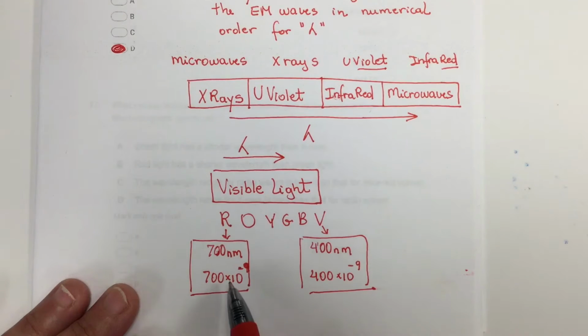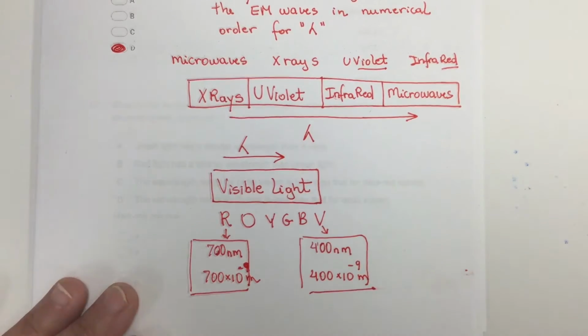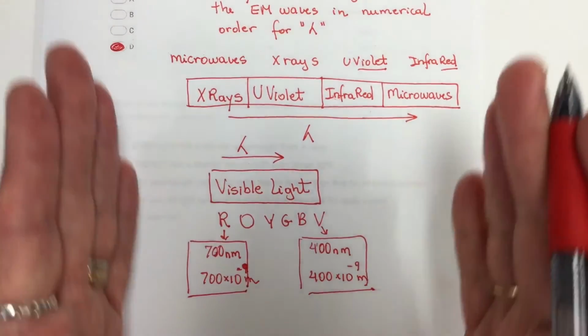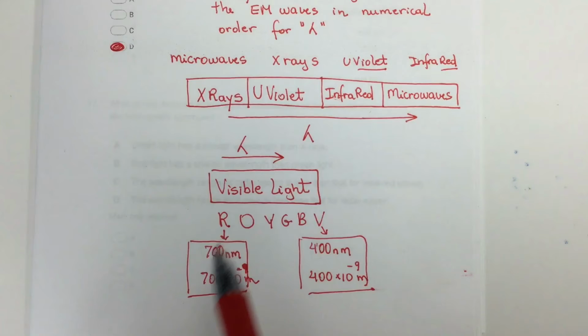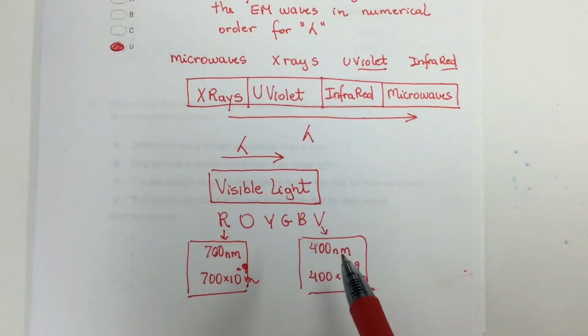So nano is 10 to the minus 9, so that is in meter. You must remember this range: red from 700 nanometer and violet 400 nanometer.